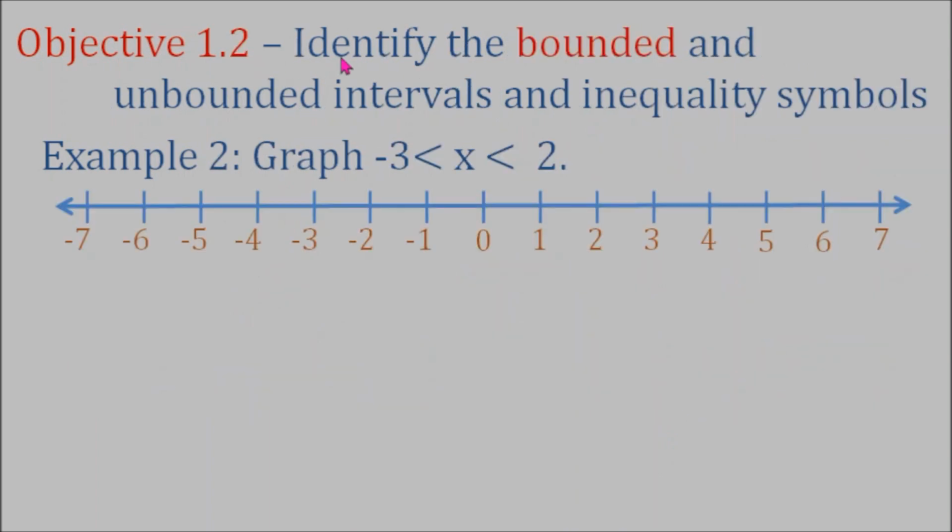Objective number 2. Identify the bounded and unbounded intervals and inequality symbols. Example number 2. Graph -3 less than x less than 2. So this is our number line. -3 is here, so we are going to put an open circle.